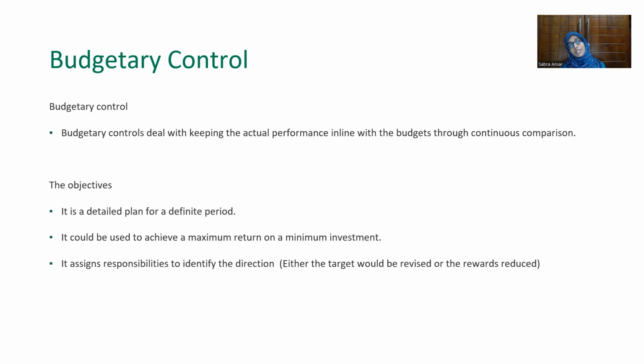So this budget will help an organization to effectively manage the resources in order to achieve a maximum return, which is very good. And also it assigns responsibility to identify the direction and target for the direction.